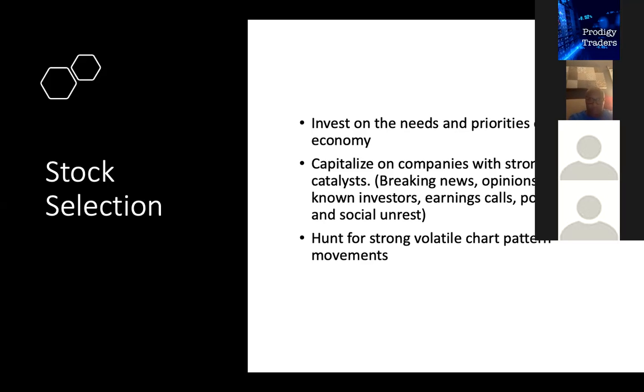When that happens, that brings a lot of optimism to investors: if they said it, it has to be true. People will start buying, and when people start buying, it'll push it to that price, or it can go to the complete opposite. This goes with the breaking news and the opinion of the investors as well.